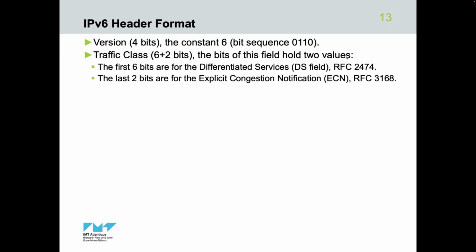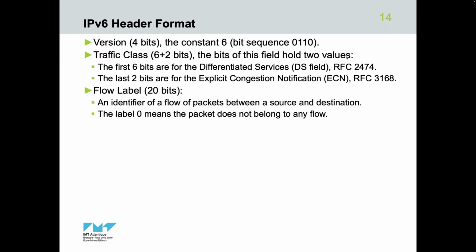The default value, 6 zeros in a row, corresponds to the classic service known as best effort. The last 2 bits of the field are used for explicit congestion notification, ECN, and it allows for end-to-end notification of network congestion.